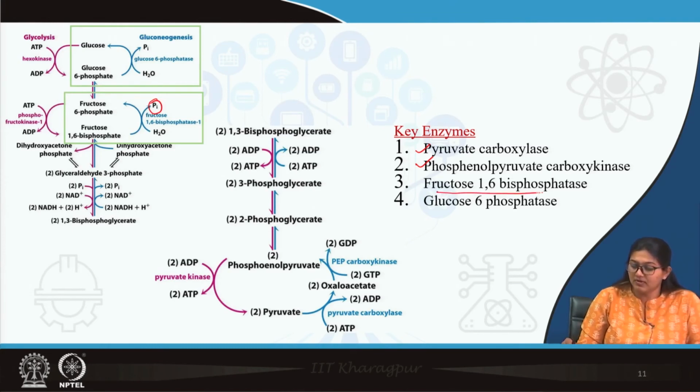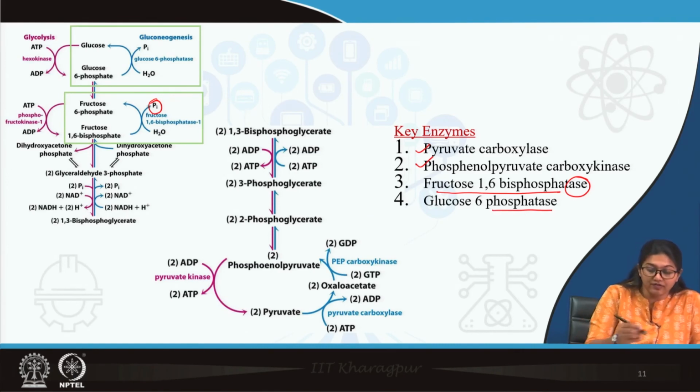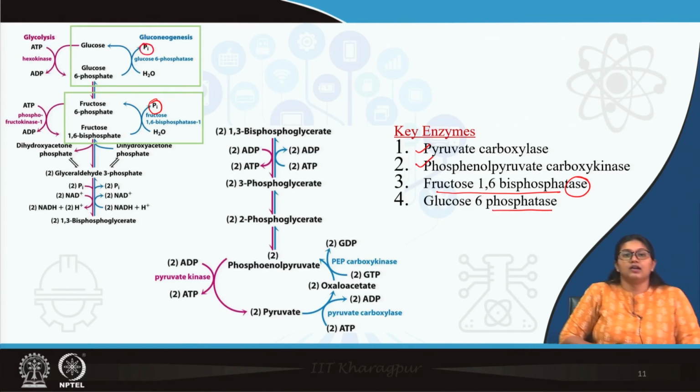The enzyme used is fructose 1,6-bisphosphatase. Similarly, for formation of glucose from glucose 6-phosphate, again another phosphatase is used, glucose 6-phosphatase, with release of inorganic phosphate in the system.